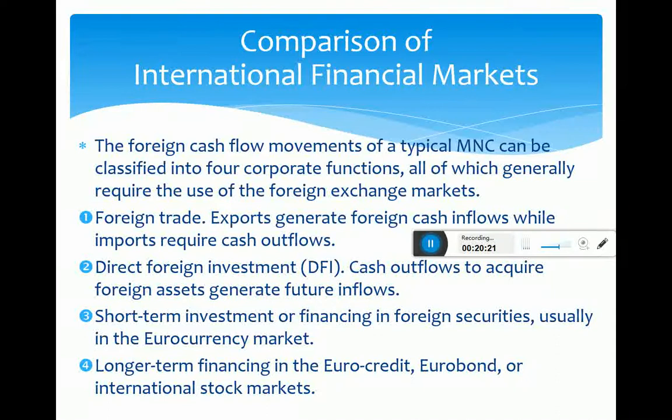For example, there is an American multinational corporation, and that multinational corporation invests in China, that is the outflow. But when Chinese people invest in that American company, that becomes the inflow for that. So from direct foreign investment, there is always cash flow involved.